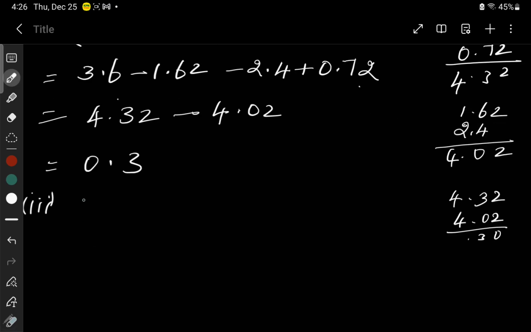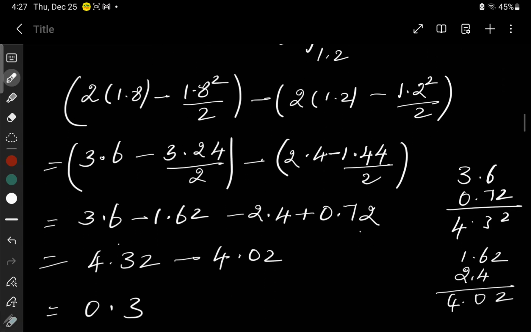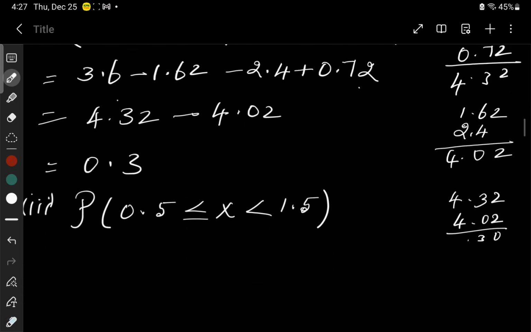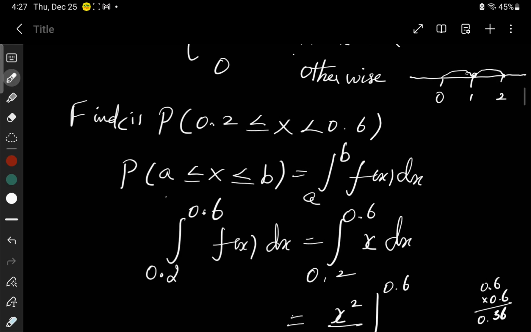See the third subdivision. P of 0.5 less than or equal to x less than 1.5. So look at the limit 0.5 to 1.5. Where is the 0.5?